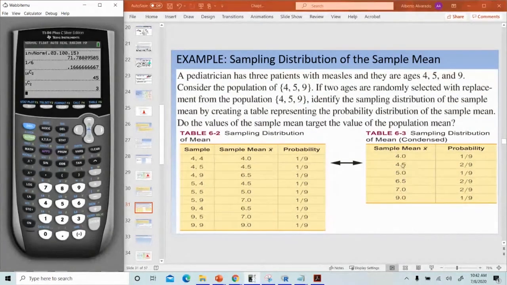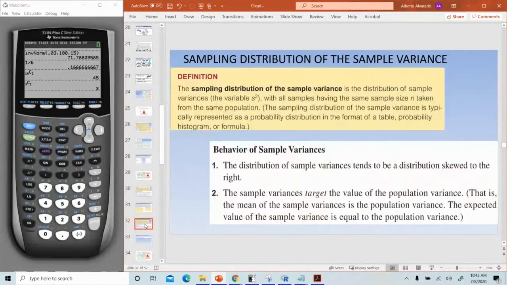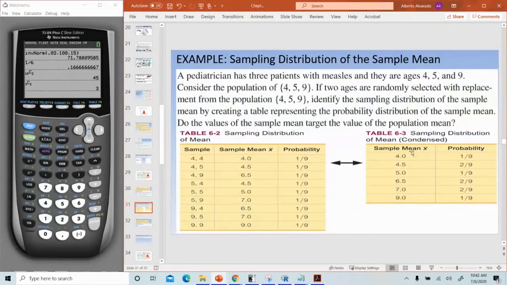Here we can calculate the mean of this using the probability distribution rules, which is you multiply x times p of x. And what's the population mean?